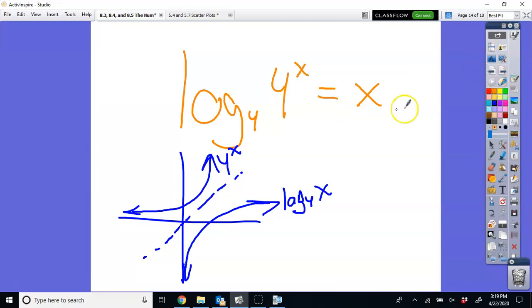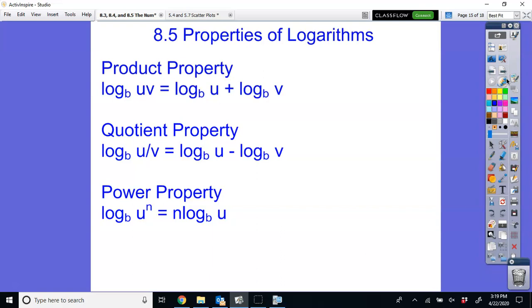So anyways, we're going to take a look today at properties of logarithms. This lesson should be a little bit shorter than the other lesson, hopefully, as long as I don't get to talking too much and talking for too long. But these properties of logarithms are used to do two things.